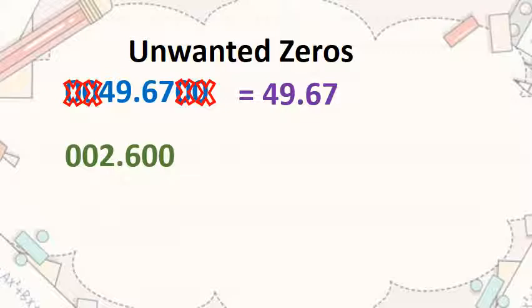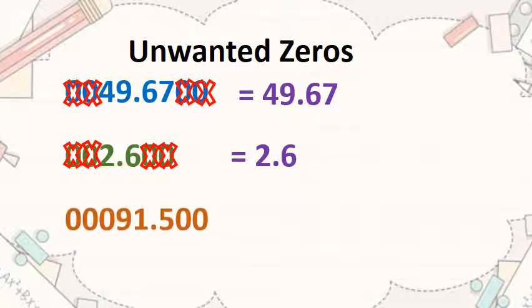Again, which zeros here are unnecessary or unwanted, or if we put them, there's no need to put these zeros. So we have this 0, this 0, this 0, this 0. Again, the number is 2.6. Now again, what are the unwanted zeros?